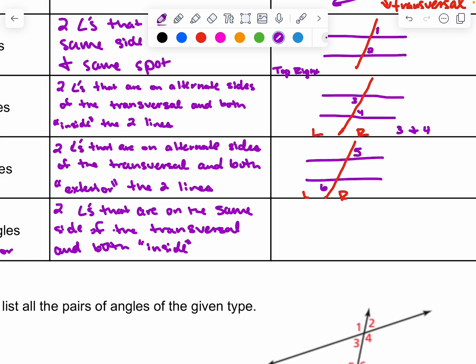That's why I call them same side interior, because it makes sense when you're thinking about the language and that definition. I personally think it's a little bit easier just to do what feels right for you. So 7 and 8.